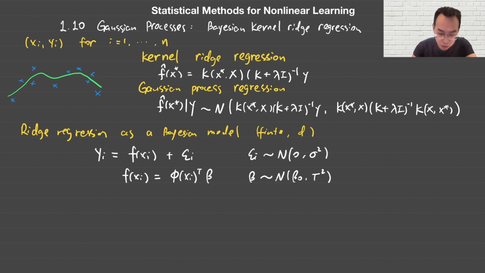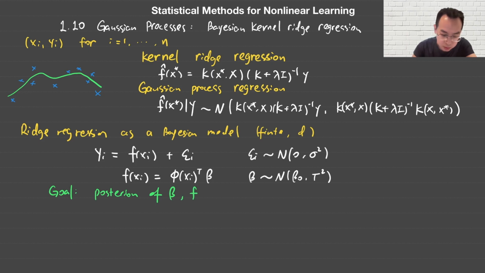The goal of this inference problem is to estimate the posterior of beta. Actually, to make a tighter connection with the infinite dimension case, let's do the posterior of f instead, because they are linked.